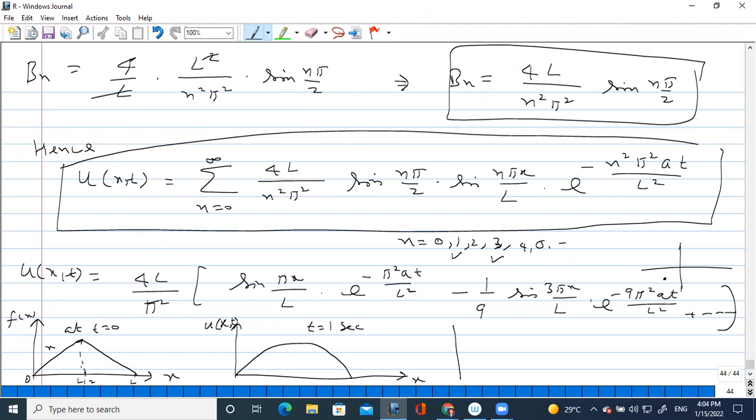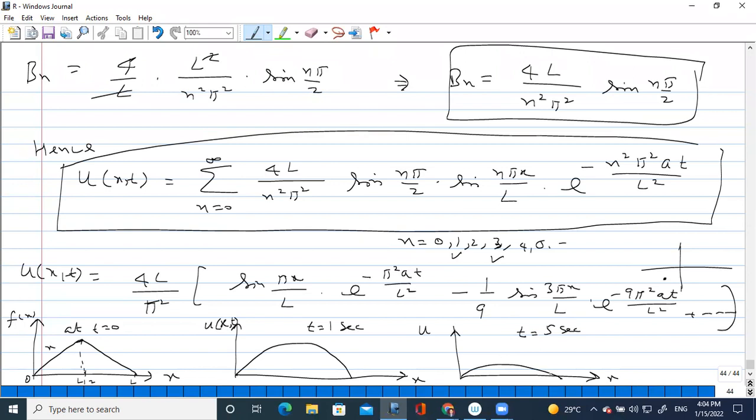If I am asking what will be the value of u at t equal to, suppose, 5 seconds, so at 5 seconds, the amplitude of this will be reduced. So this will be reduced like this.